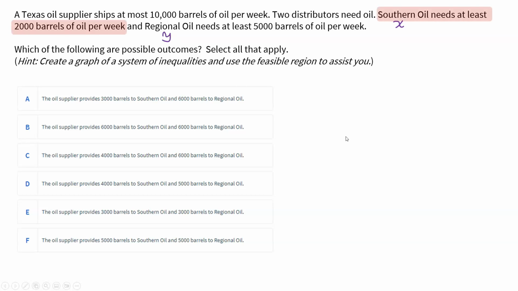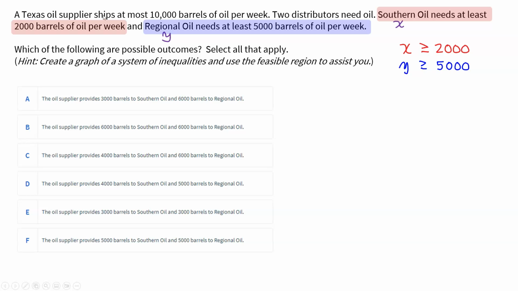Southern Oil needing at least 2,000 barrels of oil per week means that they need 2,000 barrels or more. So that means that X is going to be greater than or equal to 2,000. Regional Oil needing at least 5,000 barrels of oil per week means that they need 5,000 or more. So Y has to be greater than or equal to 5,000.